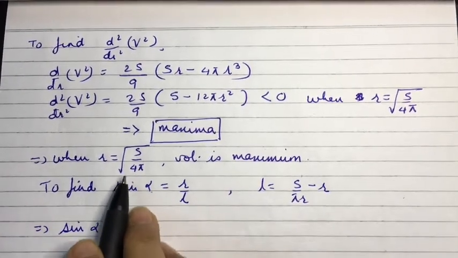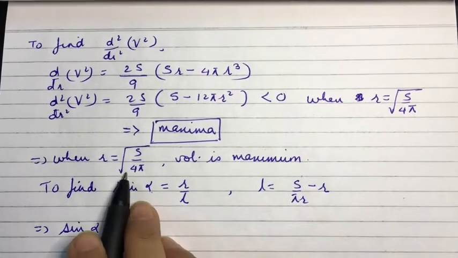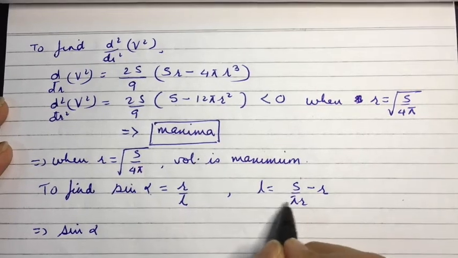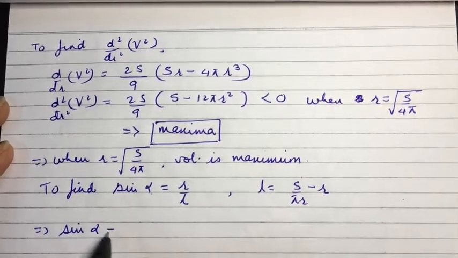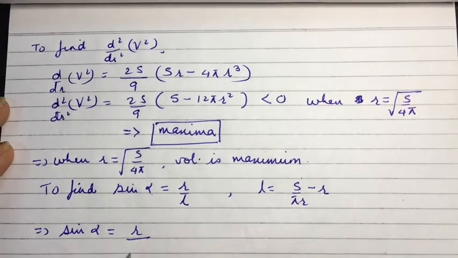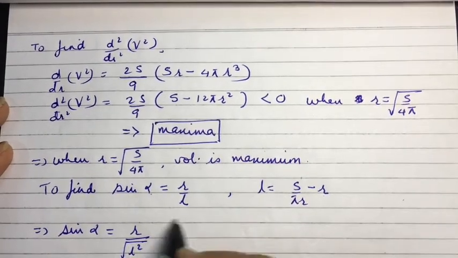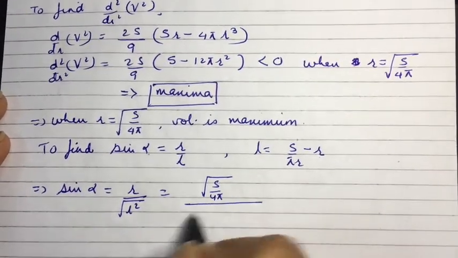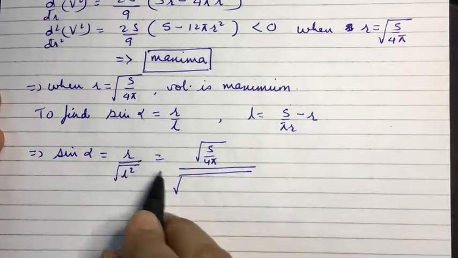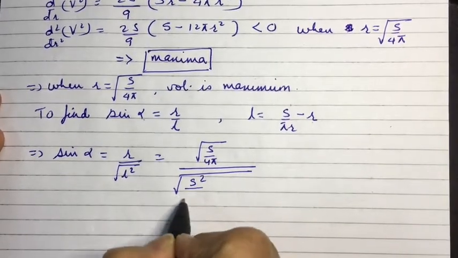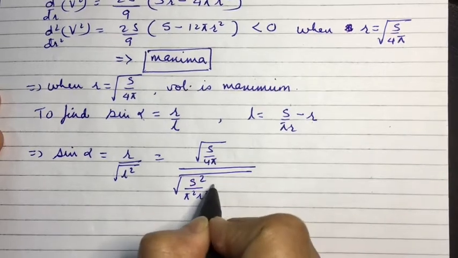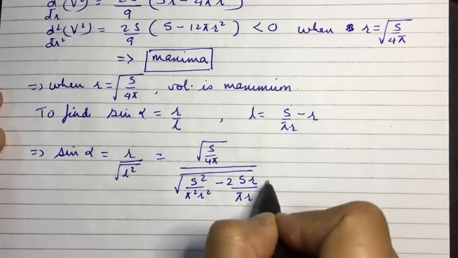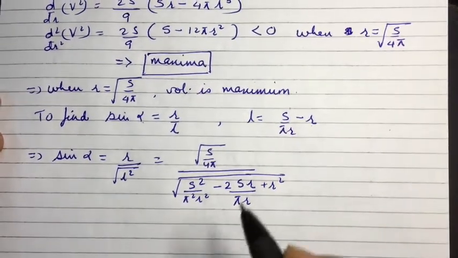So we can write it as sine alpha. More so, r is in square root, so the better way would be we find L square and then take the under root. So we write it as r over L square whole under root, and this gives us square root of s upon 4 pi upon square root of, now L square would be s square over pi square r square minus 2 s r upon pi r plus r square.